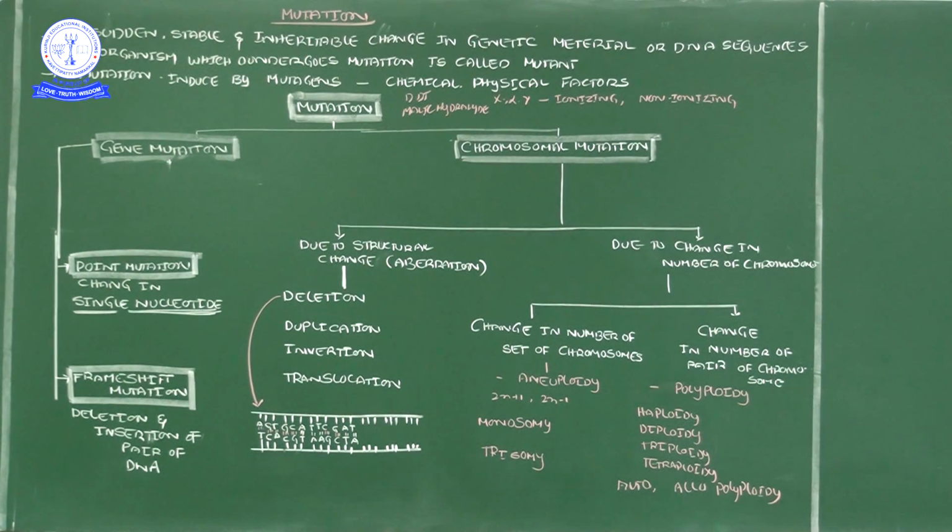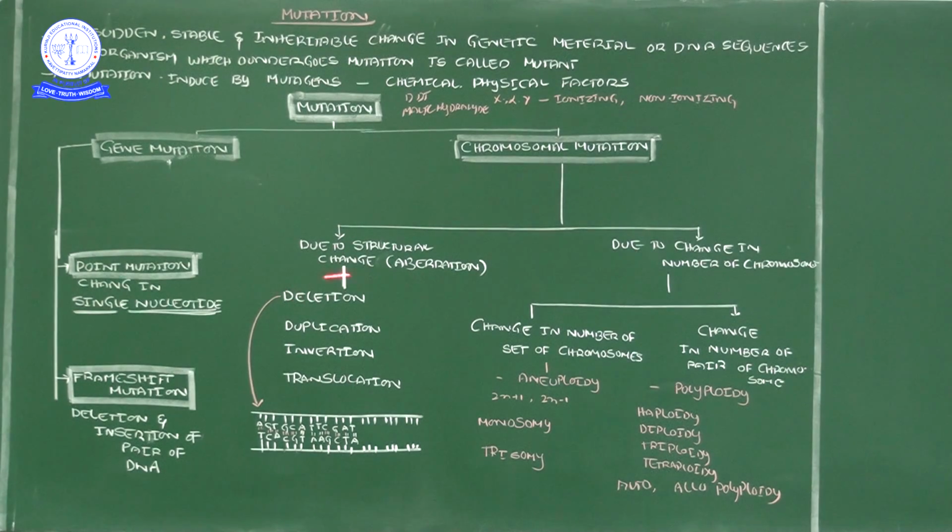If I change my house within Namakkal itself, there is no change in the village or town. But if I leave Namakkal and go to Chennai, the total town itself changes. So translocation is a big variation in the total chromosome, but frame shift mutation is a small change at the gene level. Remember that, don't be confused.